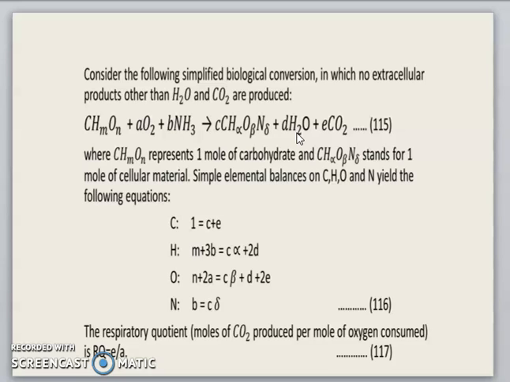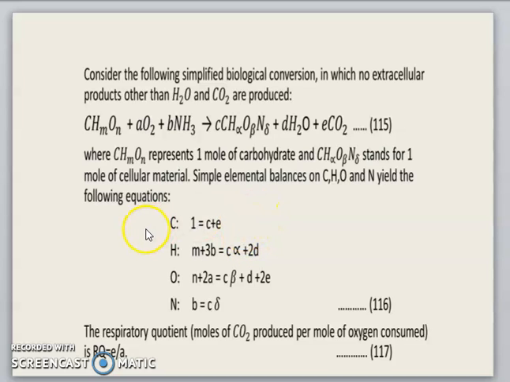CHmOn represents 1 mole of carbohydrate. Most of the general substrates being used are carbon based, mainly in the category of carbohydrate. So simple elemental balances on C, H, O and N will yield the following equations.